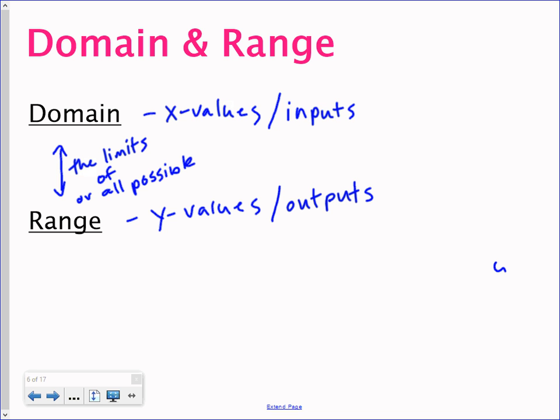Some people put just all the possible X values, all the possible Y values. So then that kind of addresses what you're talking about, right? If it's 1/x, the domain is all the possible X values that give you an answer. So 0 doesn't work because we get something undefined. I love that. Thank you.